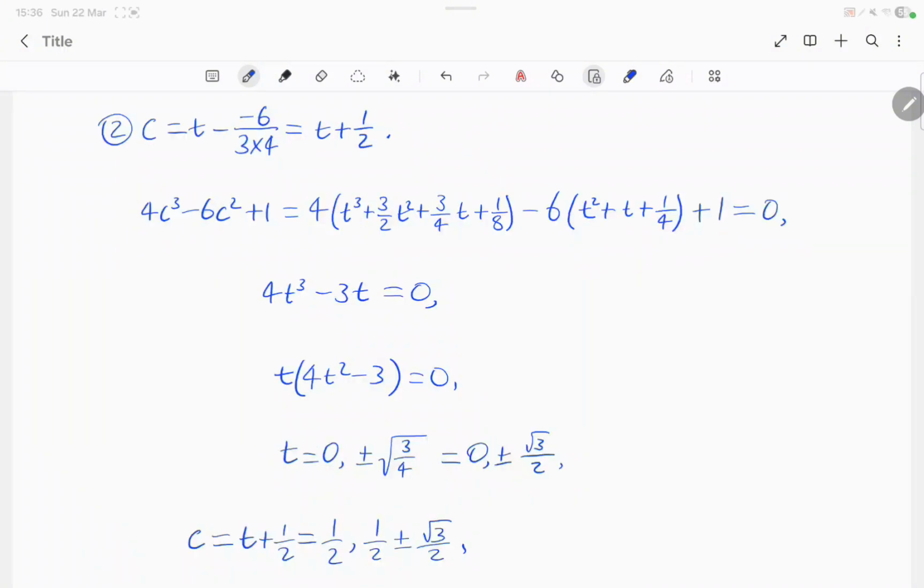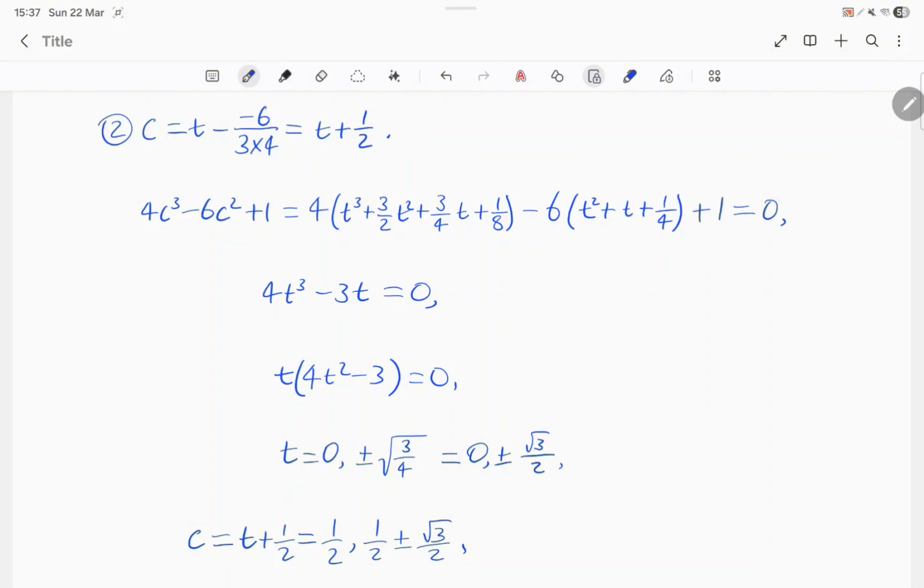A second method is to reduce the equation to a depressed cubic. This is useful in cases where solutions are less clear and can be very helpful for more difficult cubics, especially when you do not have a calculator on hand.